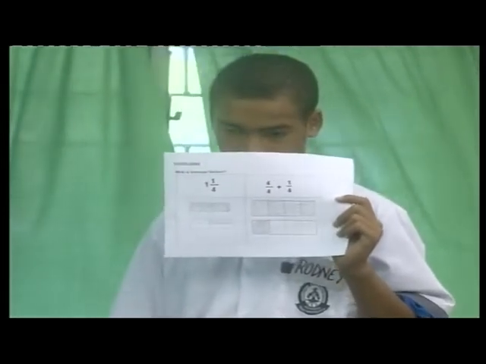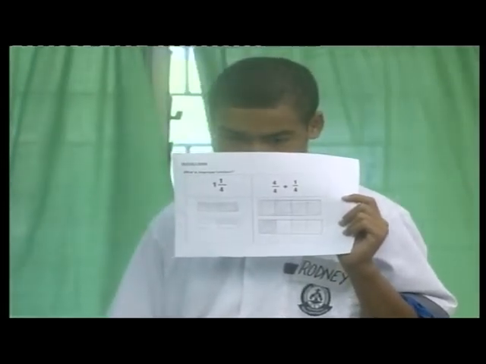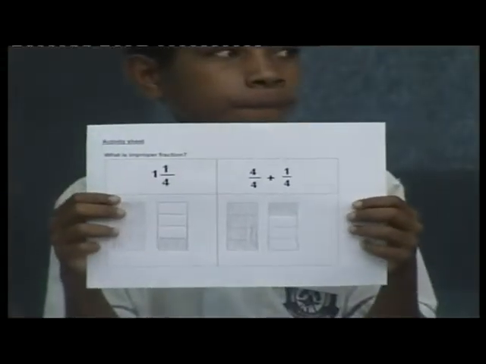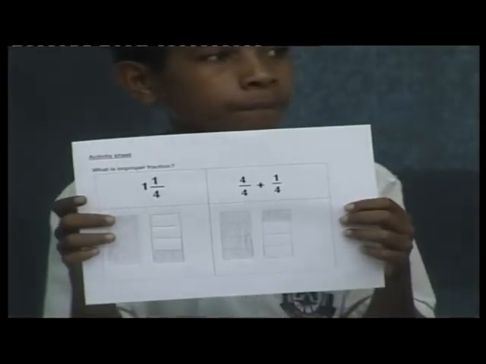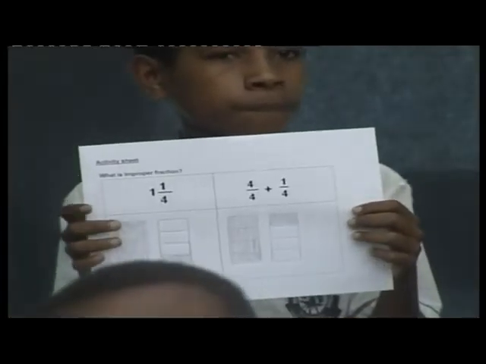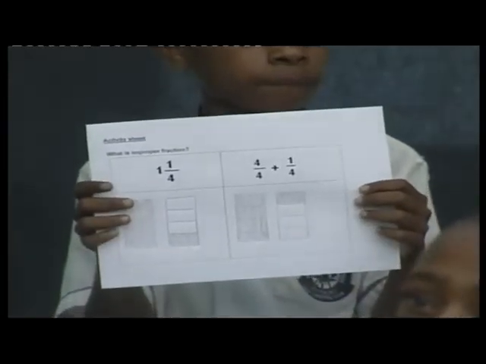And then the other diagram, they have also divided into 4 parts, but this time they have shaded how many parts? One part only. So both groups were correct. Correct or wrong? I think they are correct. Yes, they are correct with their diagram.